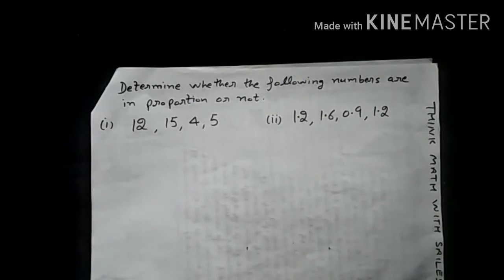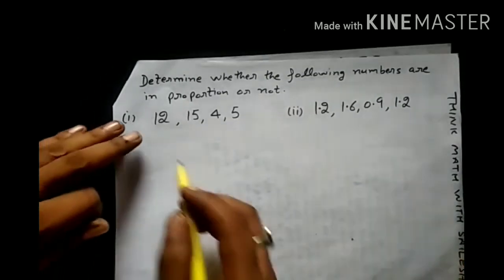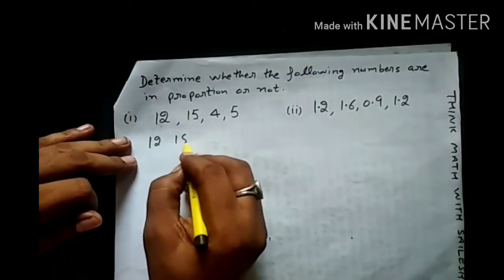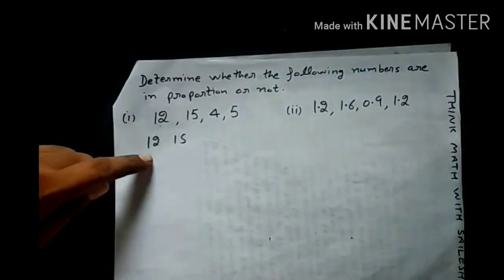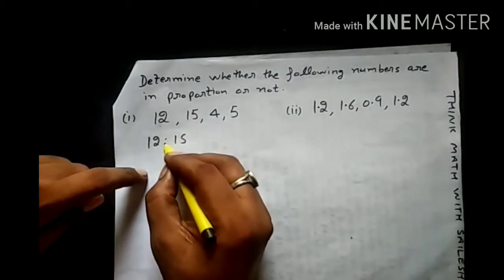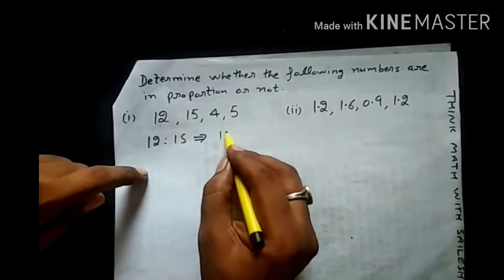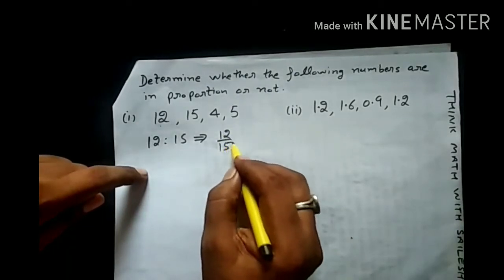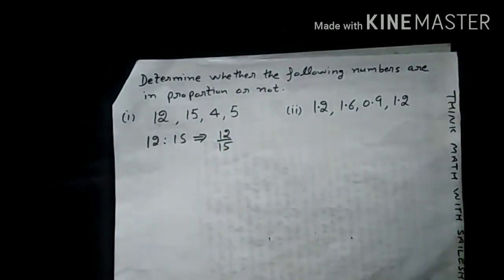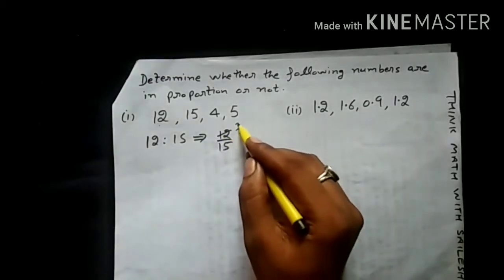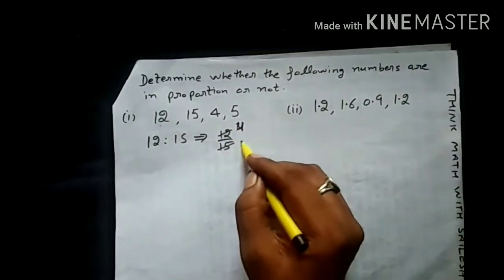In the first sum: 12, 15, 4 and 5. I consider the first two as a ratio, so I write 12 ratio 15. Now it implies 12 over 15, because we can convert a ratio into fractional form. After converting it to fractional form, we will bring it into simplest form.